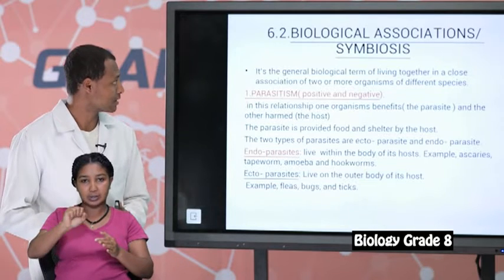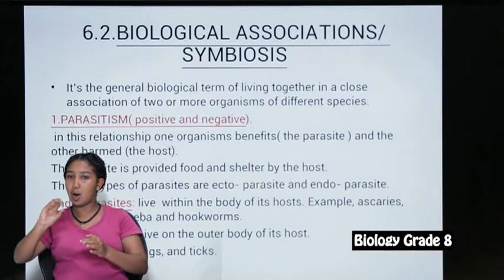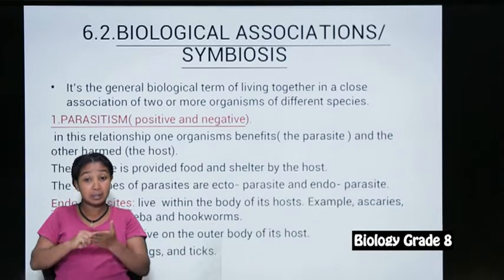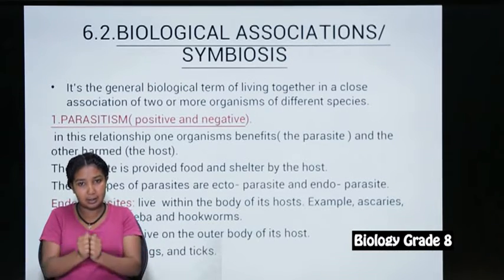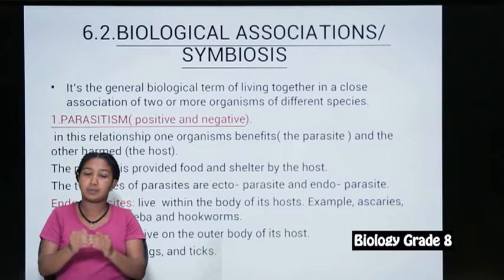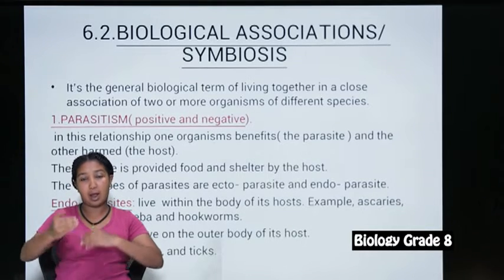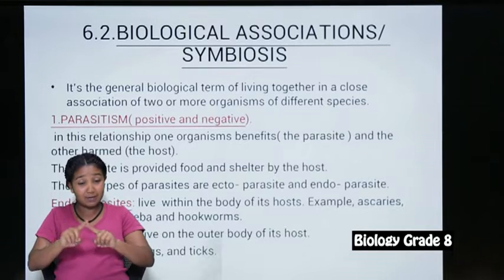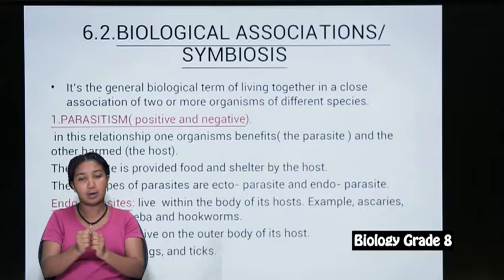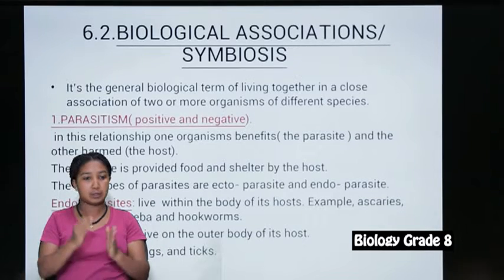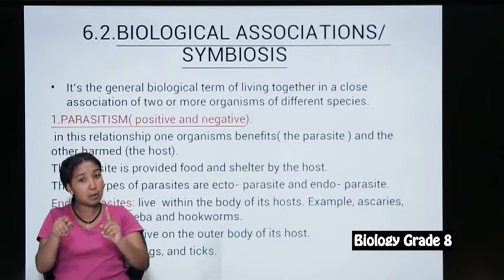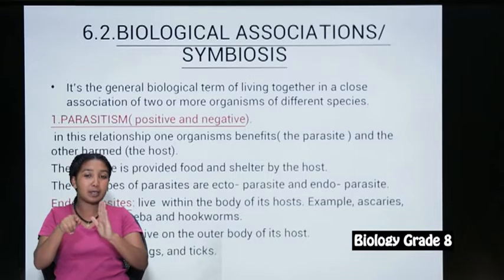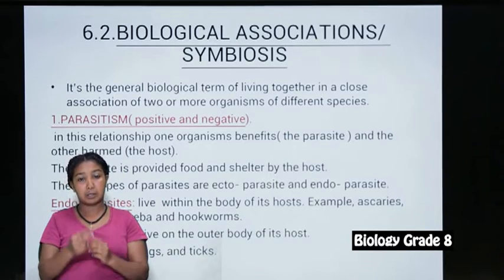It is the general biological term of living together in a close association of two organisms of different species. There is association for different purposes within an organism. Some association may be positive, others may be negative. Let me see one by one.